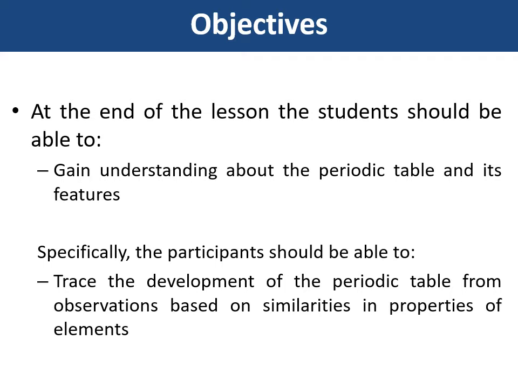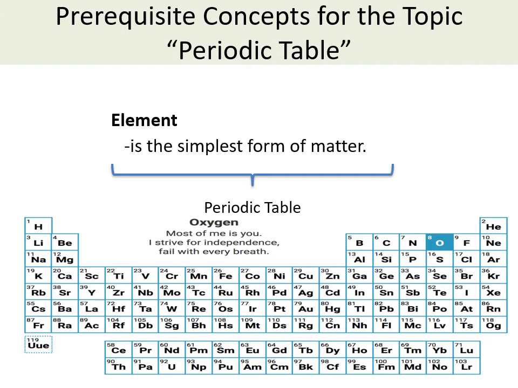Next. So, I have here with me an example of a periodic table of elements. So, class, pakitignan mabuti. Ano nga ba ang nasa loob ng ating periodic table of elements? Kung mapapansin ninyo, ay meron ditong mga symbols. These are the symbols of the elements. At ano nga ba ang mga elements? Makinig mabuti. Elements is the simplest form of matter.